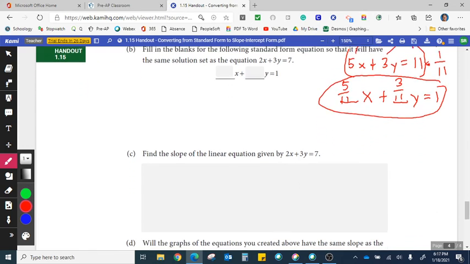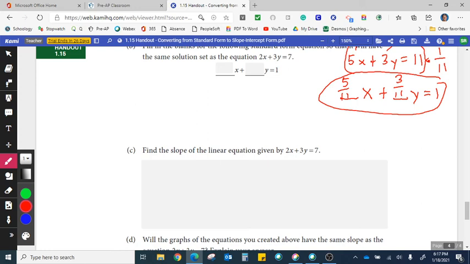All right. So it says, now once you get this, to find the slope. This one says find the slope of the linear equation. I'm going to show you my example so that you can take that and plug it in for your example for this problem, which I think is going to be easier than the one I'm showing you.